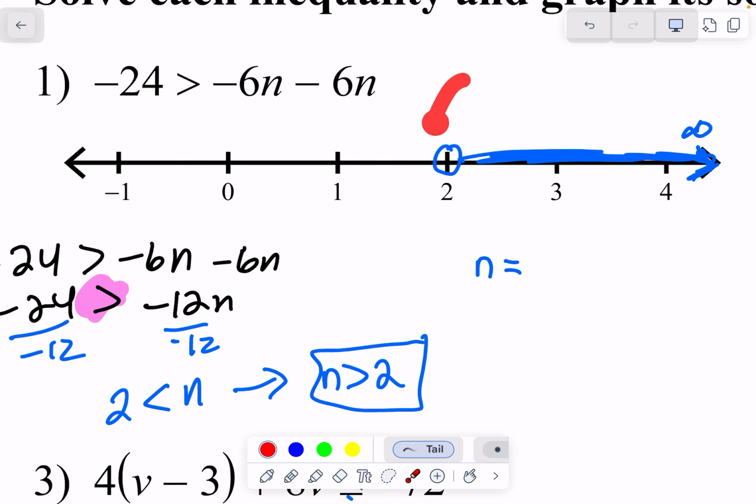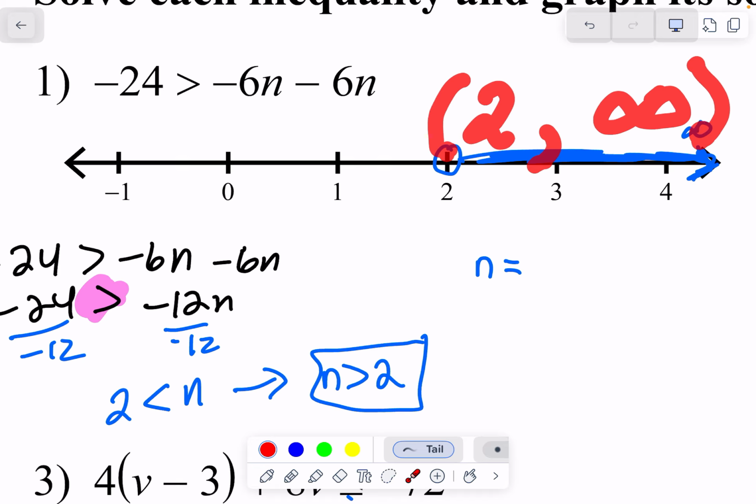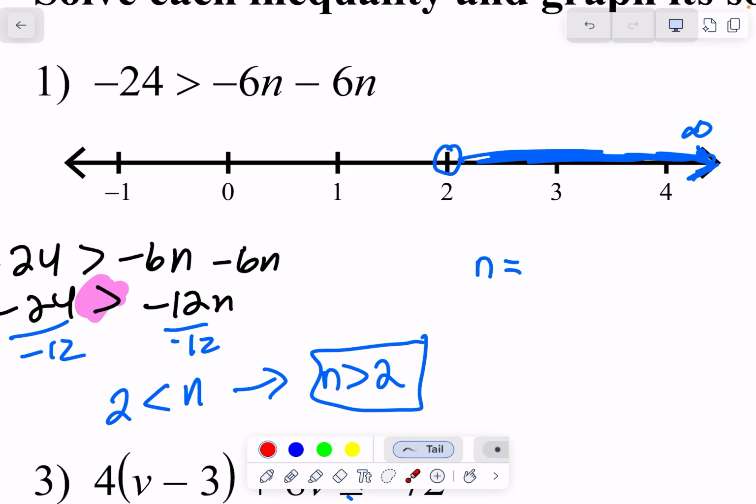The least is 2. The greatest is infinity. We put a parenthesis on the 2 because there's no equality there. We put a parenthesis on infinity because you can't really land at infinity. So it's going to go from 2 to infinity. Interval notation should always be in number line order. That's why having the graph as a visual will help you do that.